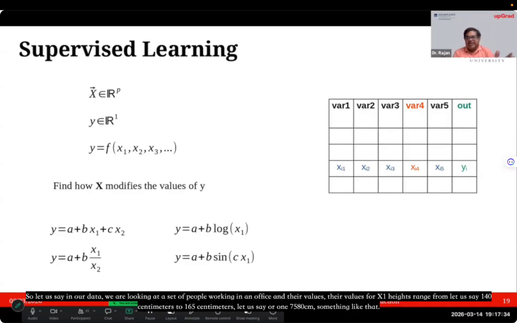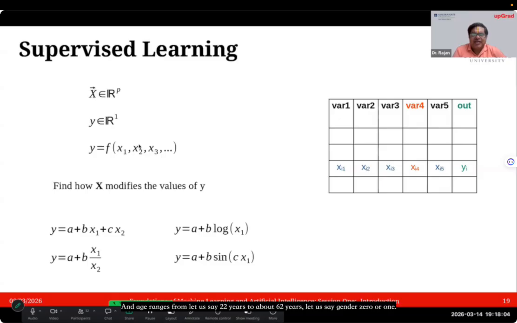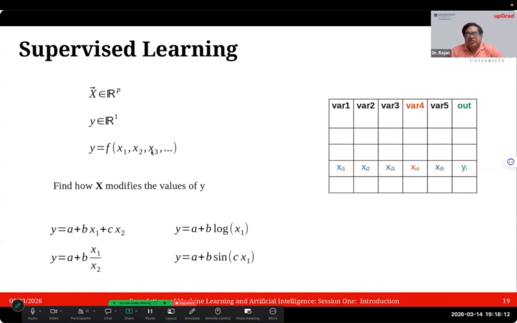So let us say in our data, we are looking at a set of people working in an office, and their values for x1 heights range from, let us say, 140 centimeters to 175 or 180 centimeters, something like that. So that's a short range, 140 to 180 centimeters. And age ranges from, let us say, 22 years to about 62 years. Gender 0 or 1, keep it that way.